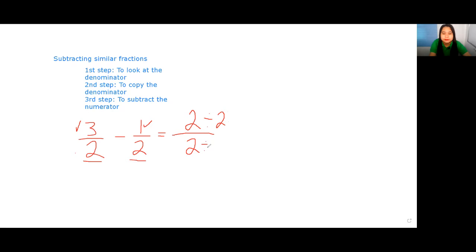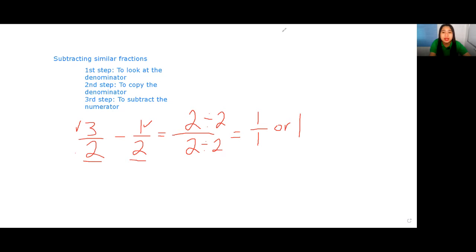So 2 divided by 2 will be 1, and then 2 divided by 2 is 1. So 1 divided by 1, or 1 as an answer. So the simplified answer is 1.